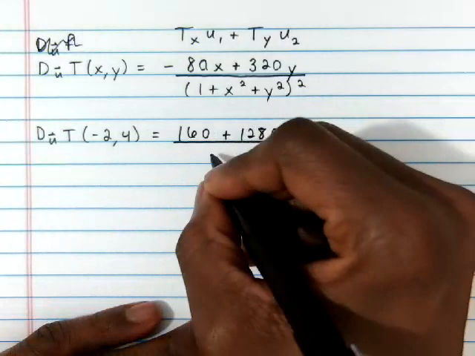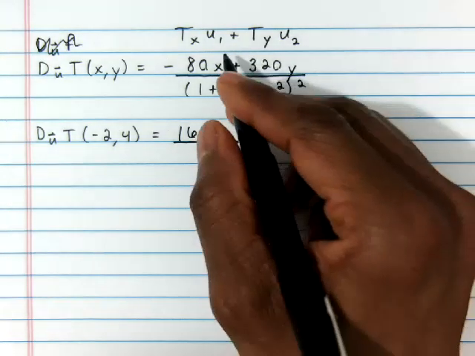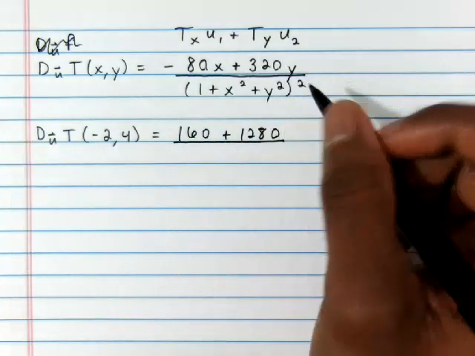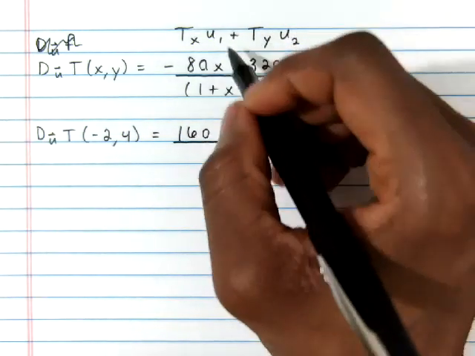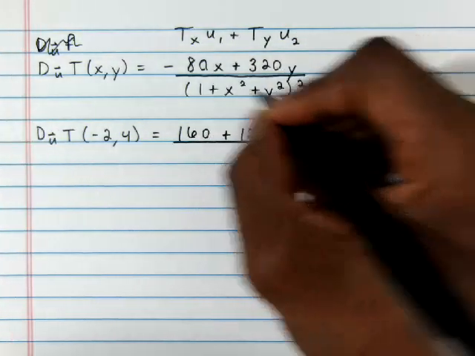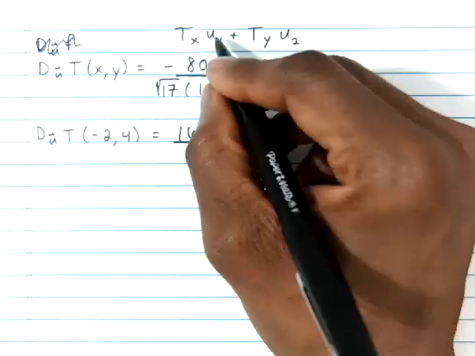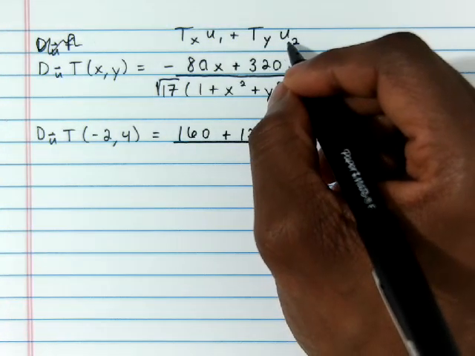Oh, you know what? I lost something from one of my u2, I lost the denominator. So let me fix that. So this should have a square root of 17 in the denominator. I made the unit vector and then I didn't use it. I used the vector that wasn't a unit vector.